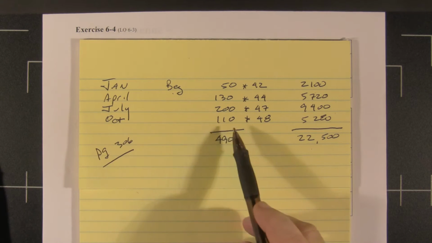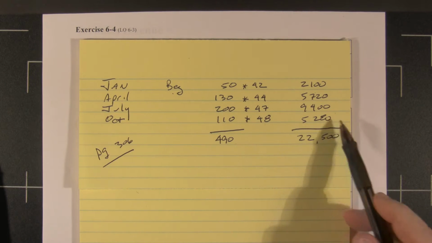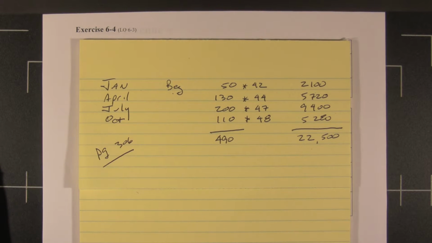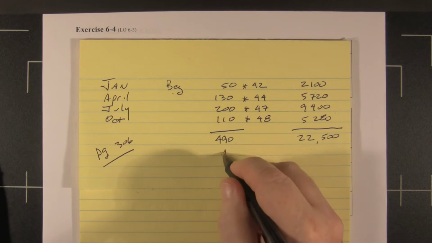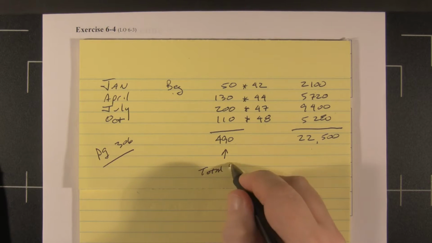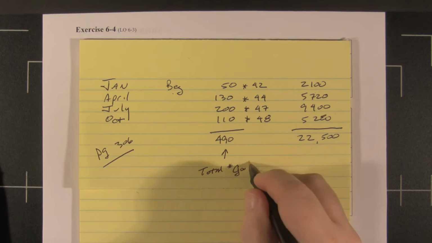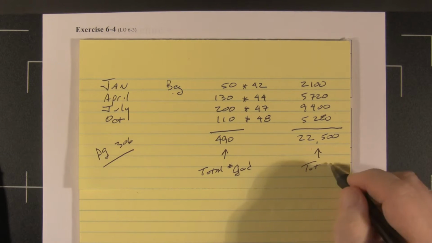And in October, they bought 110 units at $48 for a total of $5,280. This is the total number of goods available. It's the number of units, and this is the total dollars available.